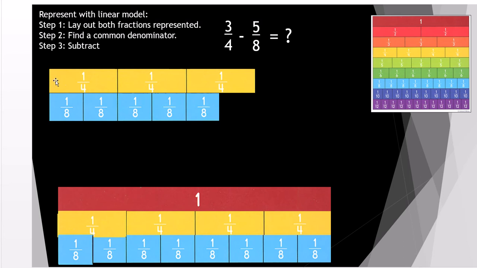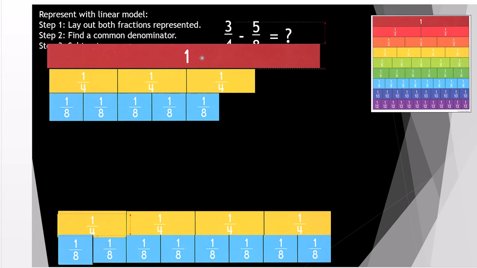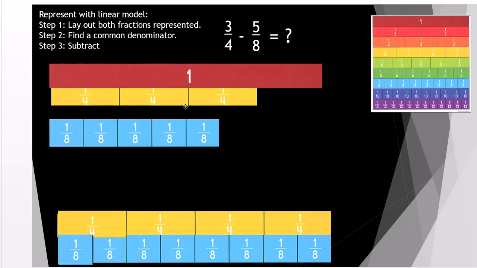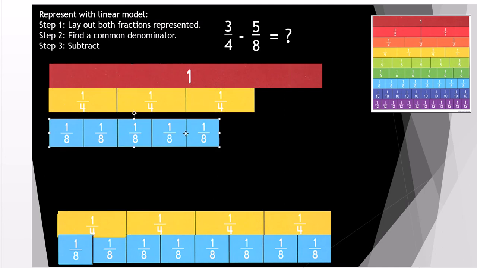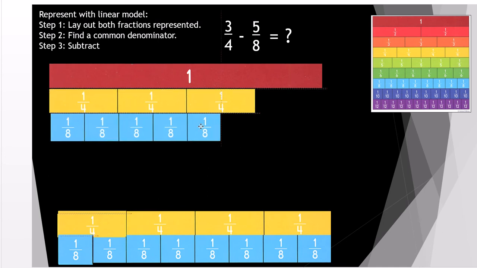So this is the total pizza that she had, and this is how much pizza she actually ate. And this is the whole. So if you can tell, she didn't actually start out with a whole pizza. She only had some pieces of pizza. It is very important to line up your linear model.